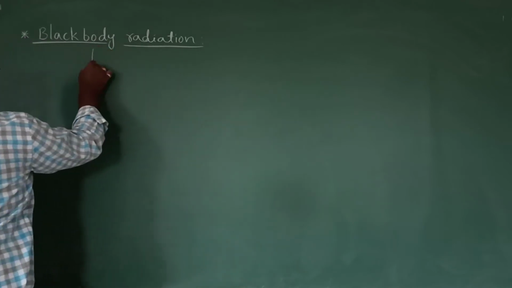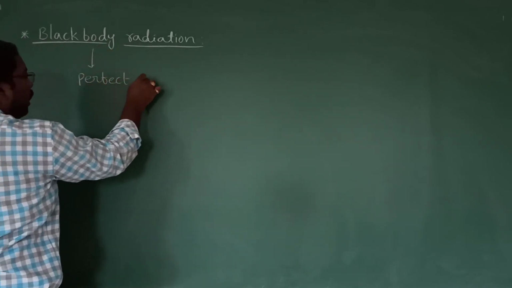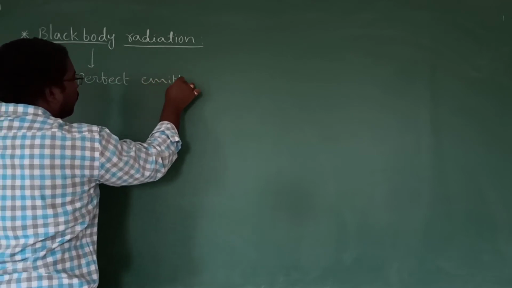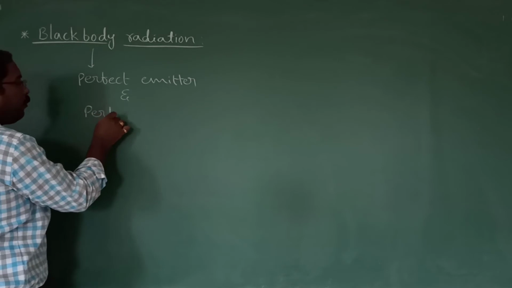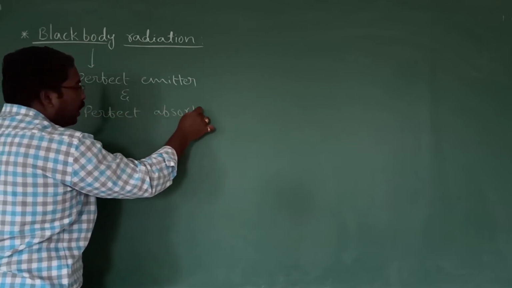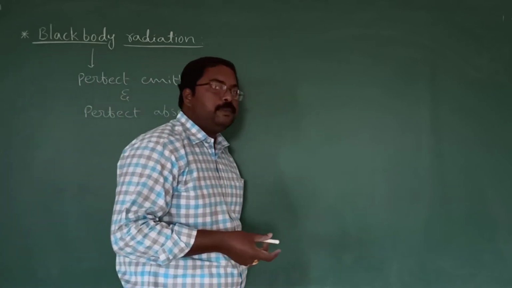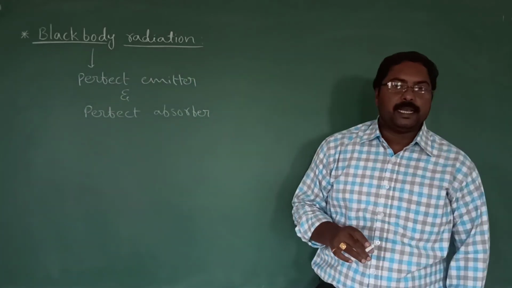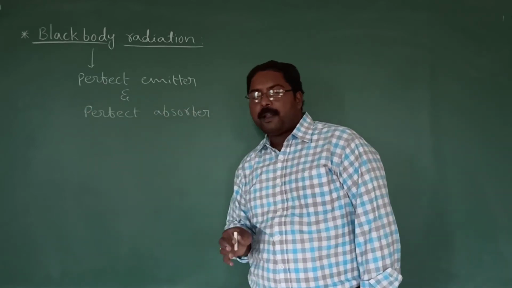nothing but a perfect emitter as well as a perfect absorber. Emitter means it emits the radiation, absorber means it absorbs the radiation. But why are we using the word perfect emitter or perfect absorber?